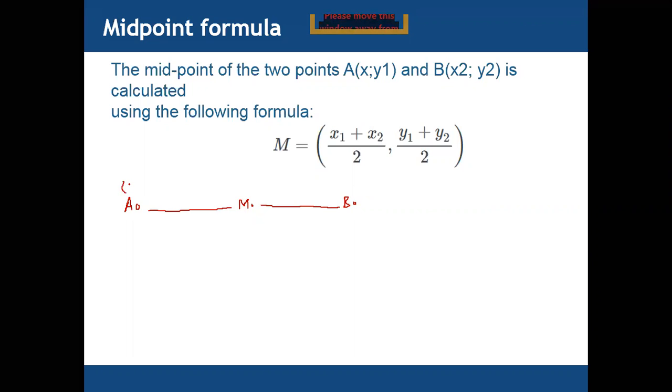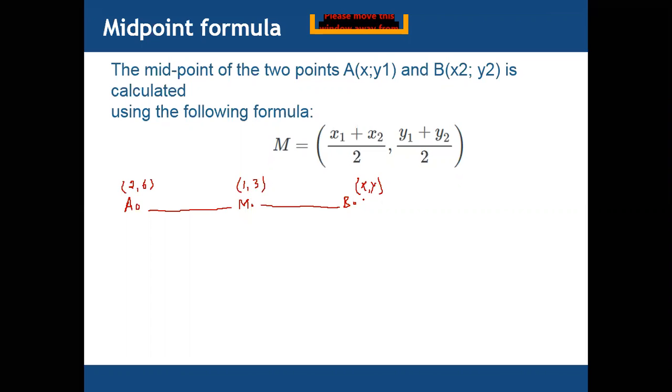Let's suppose the coordinates of A are 2 and 6. What are the coordinates of M, the midpoint? Let's suppose we have 1 and 3. And we don't know the coordinates of B. A point is given, M point is given, but we don't know about B point.